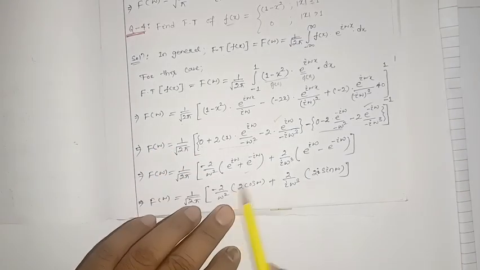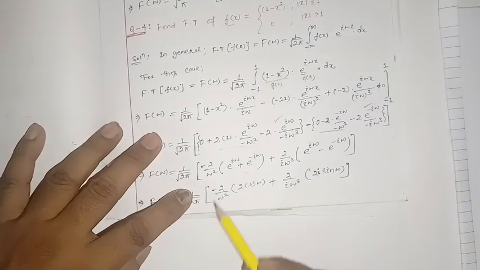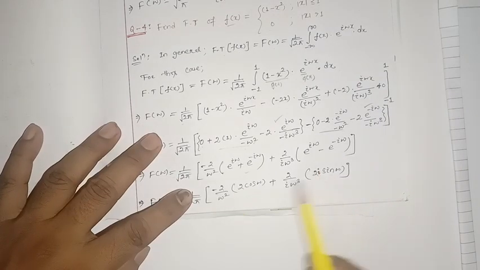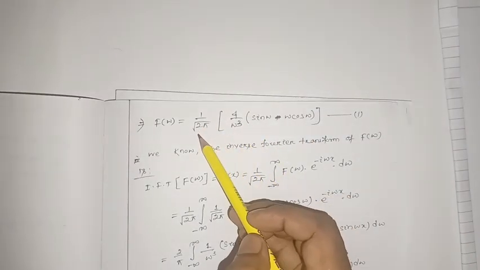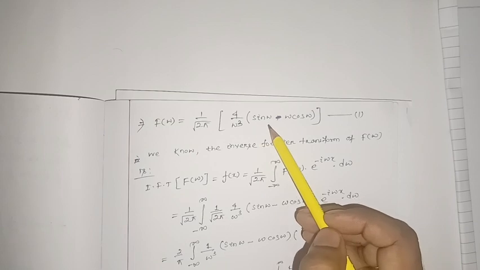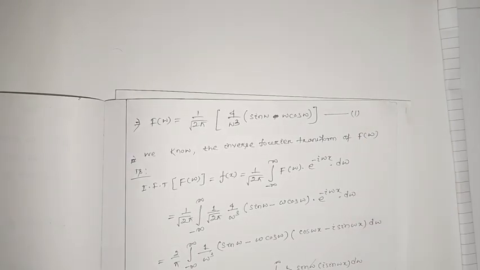Minus means this term will be written second. So if I do so, then 4 by omega q, the first term I have to write is sin omega minus omega cos omega, right? So 1 by root 2 pi times 4 by omega q into sin omega minus omega cos omega. Okay, let this be equation number 1.